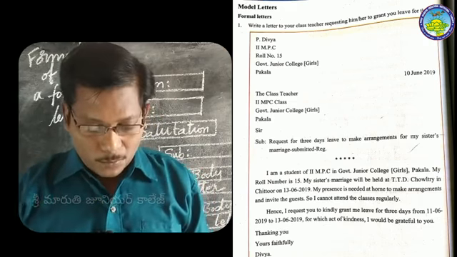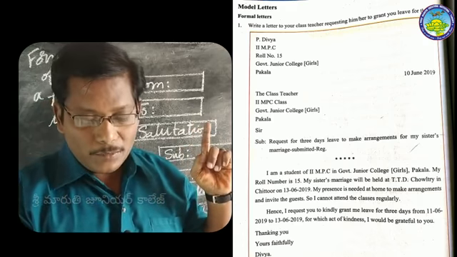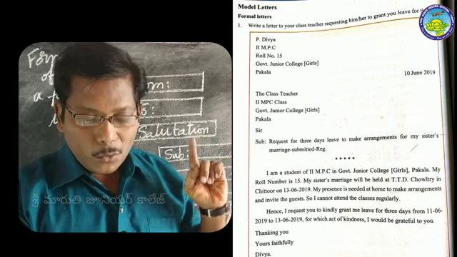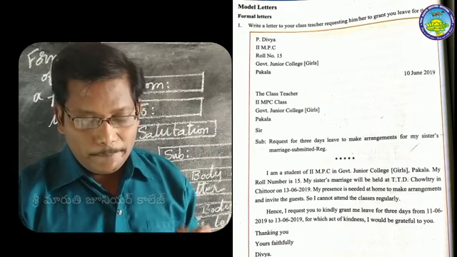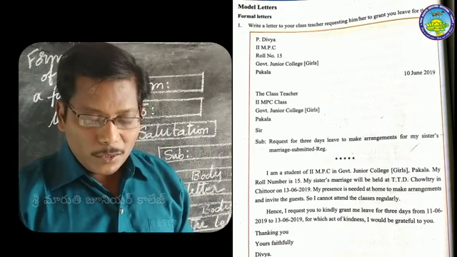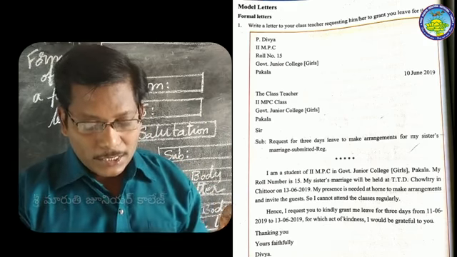Now you see on the left side top corner, P. Divya, this is the from address: P. Divya, 2nd MPC, roll number 15, Government Junior College, Girls, Pakala. Below that, we can find the to address: the class teacher.